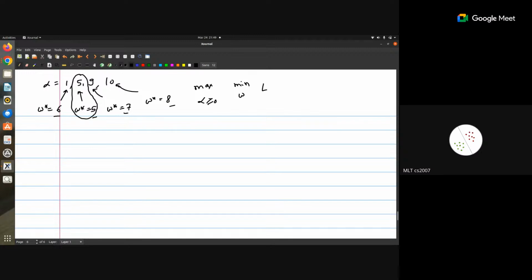I have to find that alpha which is maximum for that minimum value of W, right? So I will not go and pick this 10. Why? Because this is not the minimum value. This is the minimum one corresponding to the maximum value of this. Fine. If this was the condition, which one should I pick?